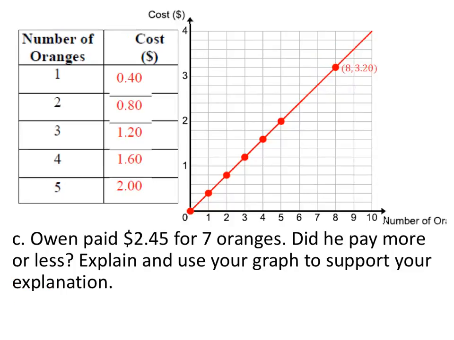Owen paid $2.45 for 7 oranges. Did he pay more or less? Explain and use your graph to support your explanation.